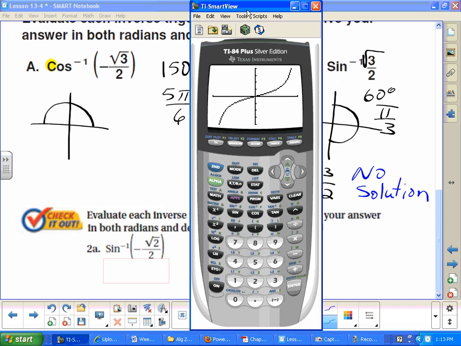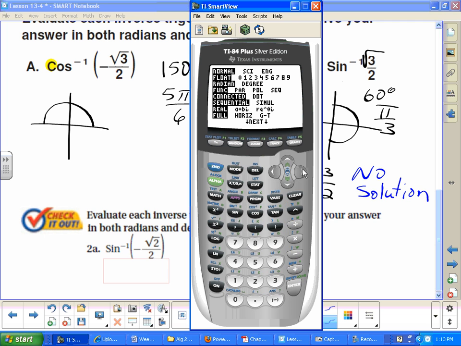Because if I took my calculator, and let's say we're working with A. Now, I like degrees better than radians because those numbers make more sense to me, which they probably do to you also, correct? What's this pi stuff? I can understand 50 degrees, I can't understand pi. That's fine. For this first one, letter A, I could do inverse cosine of negative square root of 3 over 2.